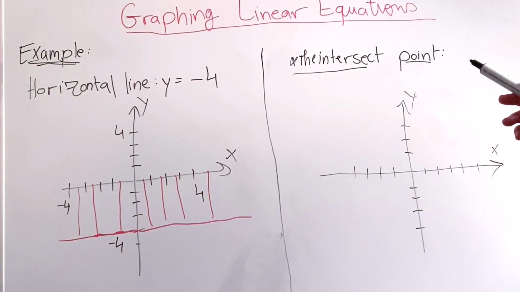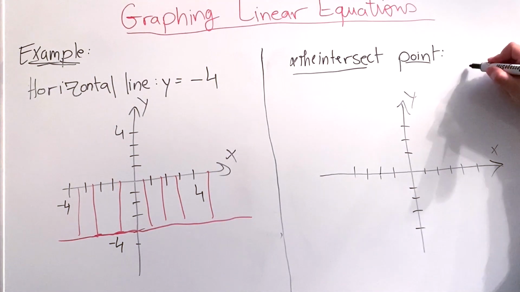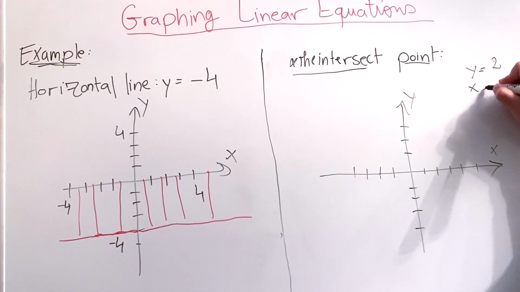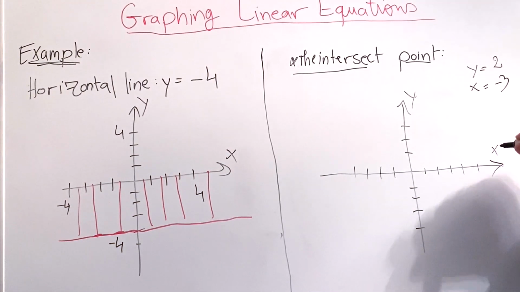Let's move on and find the intersection point. The intersection point is the point where the vertical line crosses the horizontal line. For example, we have y equal to 2 and x equal to -3.